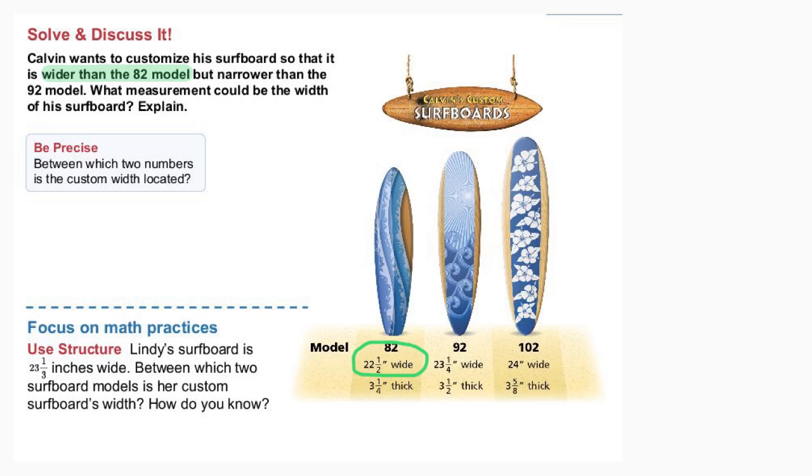Some more important information. He wants it to be narrower than the 92 model. Well, the 92 model is 23.25 inches wide. So I think what we want is something in between those two.